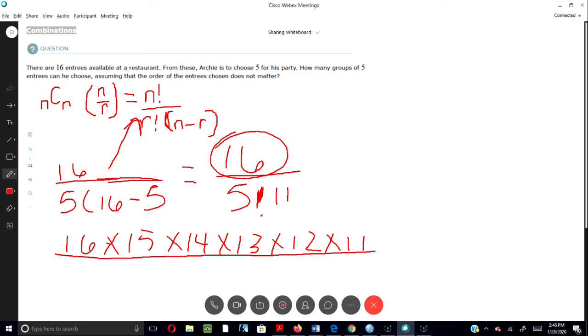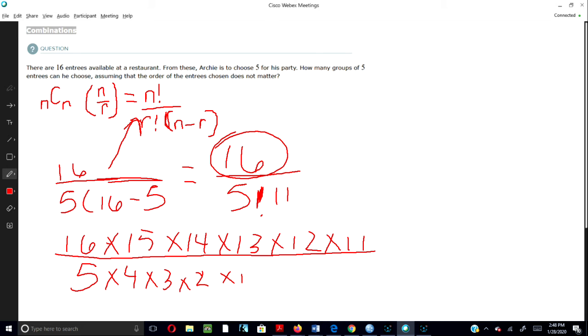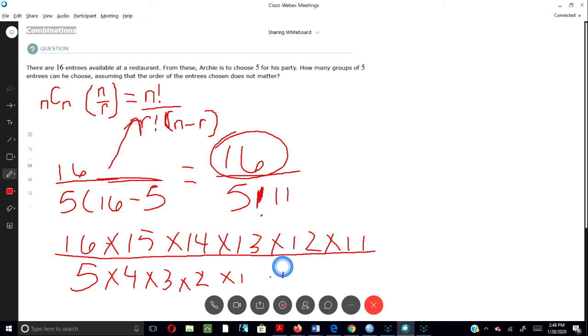Now we have to do our factorial for 5. So we'll say 5 times 4 times 3 times 2 times 1. So that's all of our factors for 5, and then we'll do 11. And for 11, we'll just say 11 because those 11s are going to cancel out.